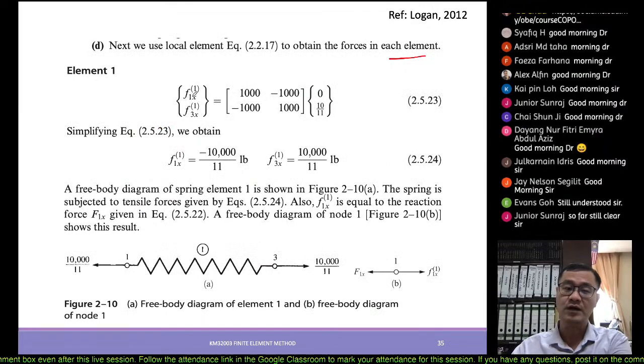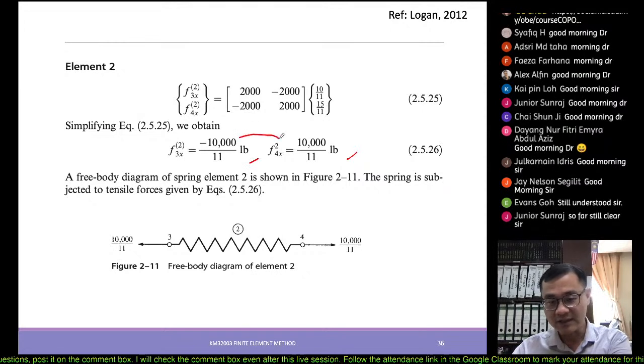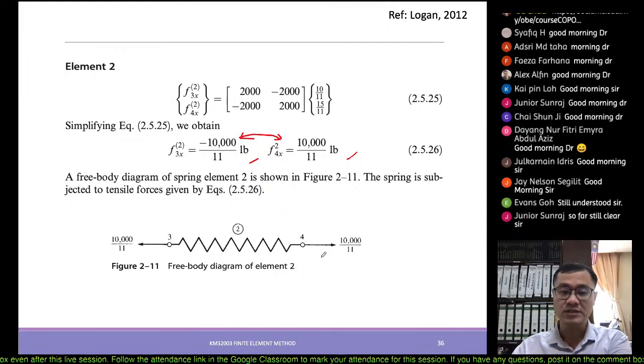So we put F1 F3 equals to this, and we solve accordingly. Repeat for the second, and we get this. We will notice that these internal forces must be equal, but in opposite directions, one negative, one positive.